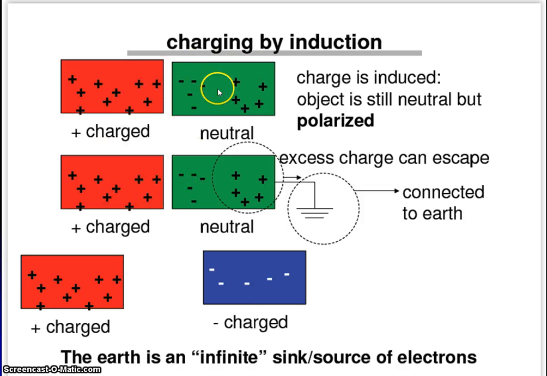But in this case, because of the polarization and then the loss of the excess charge, you don't lose this charge because it's attracted to this other object. You lose the excess charge, and then now we have a negatively charged object and a positively charged object. Whereas previously with conduction, you had two positively charged objects. And this would work vice versa as well. If this had started off negative, then we would have ended up with this being positive.